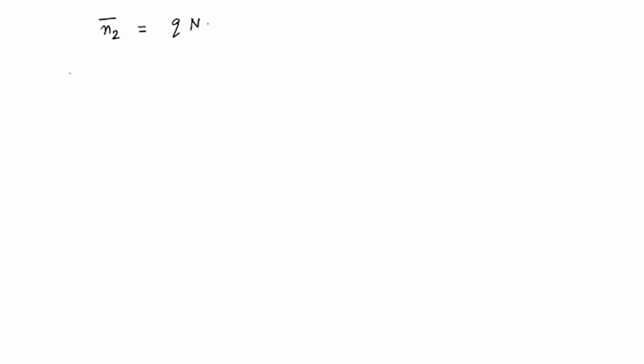And then n 1 plus n 2, because N is equal to n 1 plus n 2, the average values give n 1 plus n 2 average equal to n 1 average plus n 2 average.